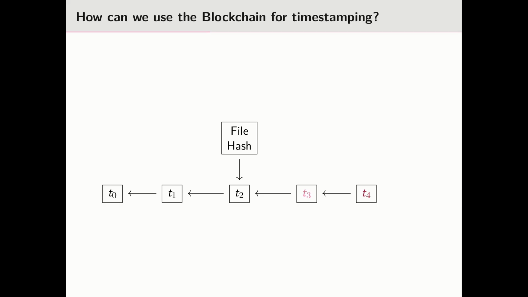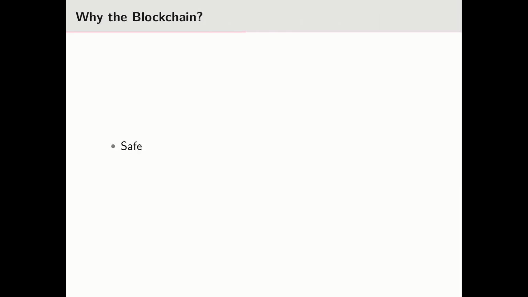And also it's distributed in millions of nodes, so you don't need to trust anybody, because anybody can check that. And when other blocks are created, the file is stored at that time, so you can demonstrate that this file existed at that time.